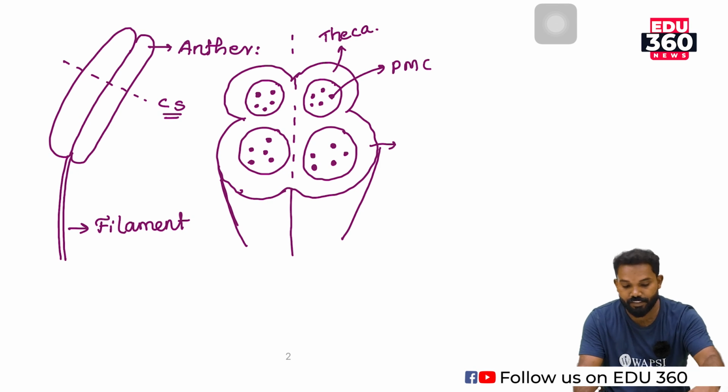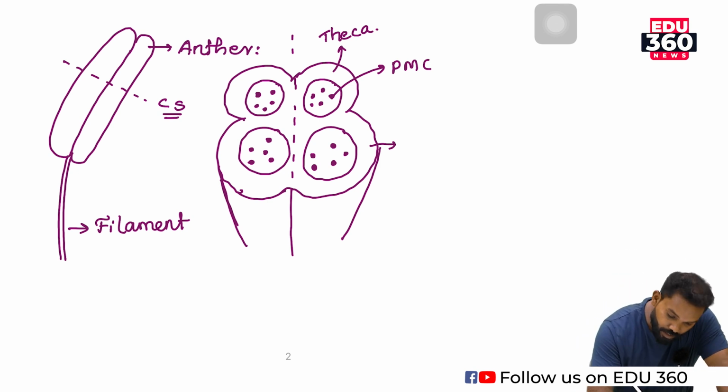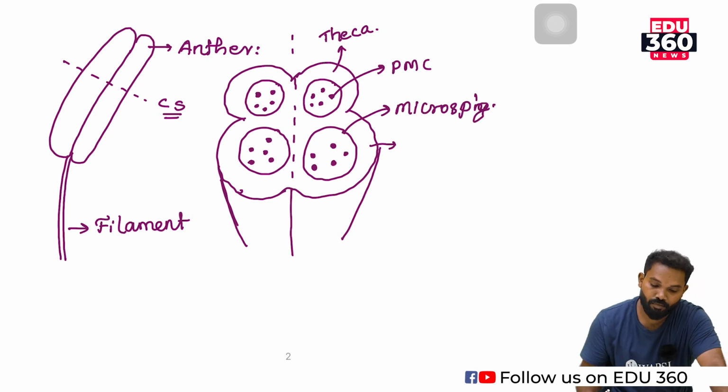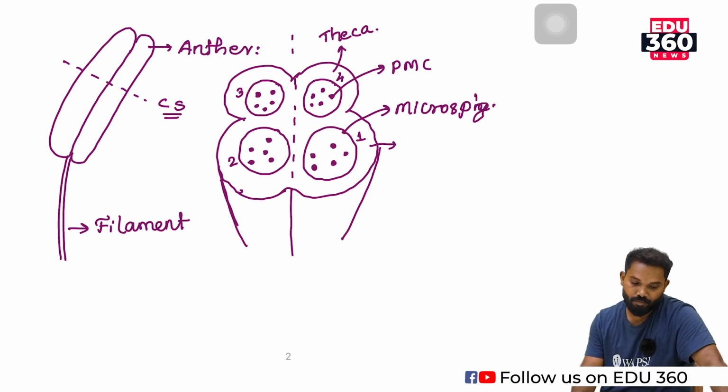These pollen mother cells are seen within a cavity, and that cavity is known as the microsporangium. So it has 1, 2, 3, 4 microsporangia.